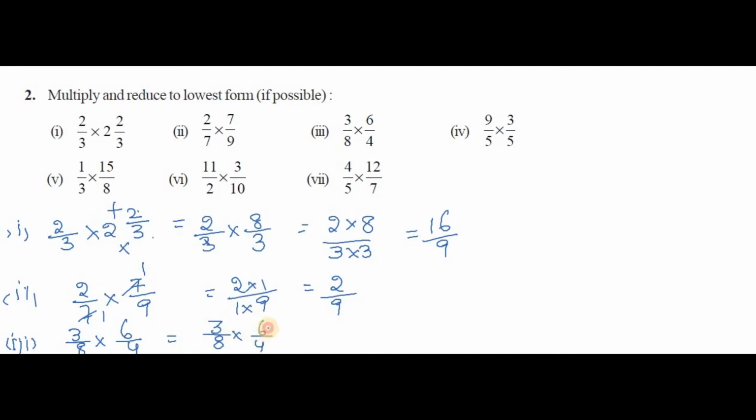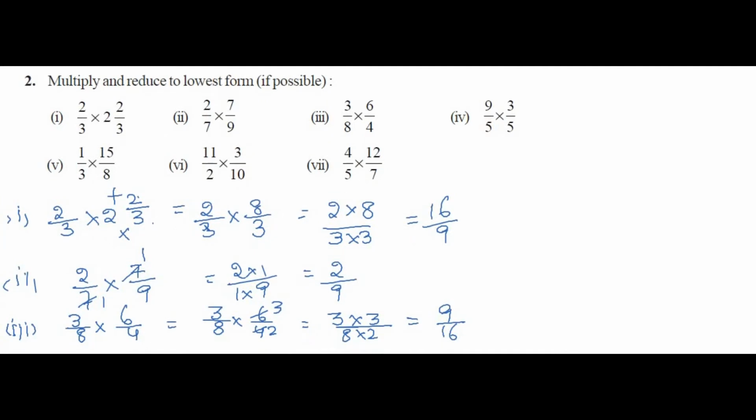We'll go for cancellations, 2 table: 2 3s are 6, 2 2s are 4, and there is nothing else to cancel. 3 into 3 by 8 into 2, 3 3s are 9, 8 2s are 16. In the same way, move on to the next question.